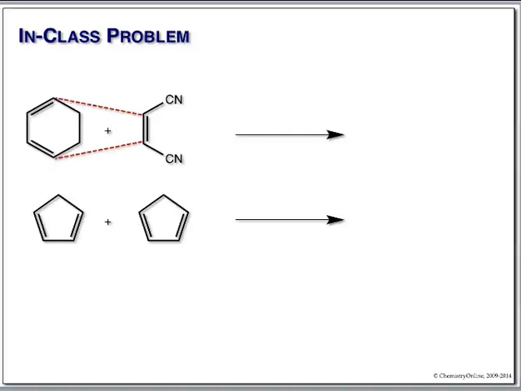Now there are 2 ways you could draw this product. We're going to make a 6-membered ring here, so that's 1, 2, 3, 4, 5, 6. Double bond's going to be in the middle here. Remember, when these things line up, the lowest energy position is to put them with their pi systems overlapping.